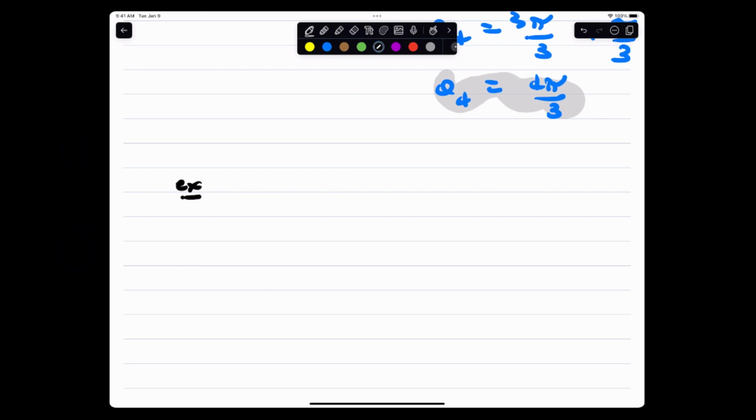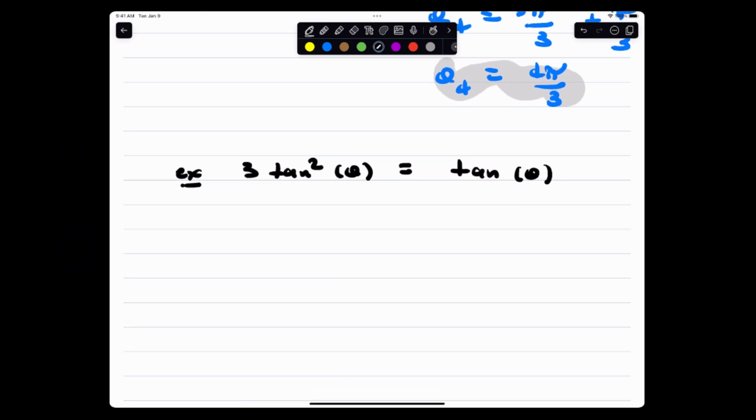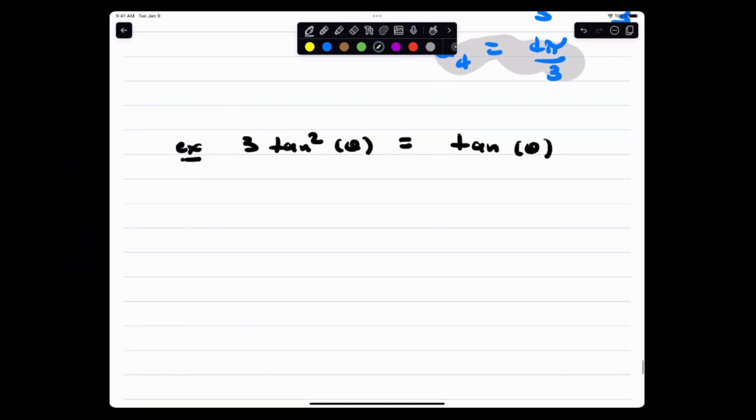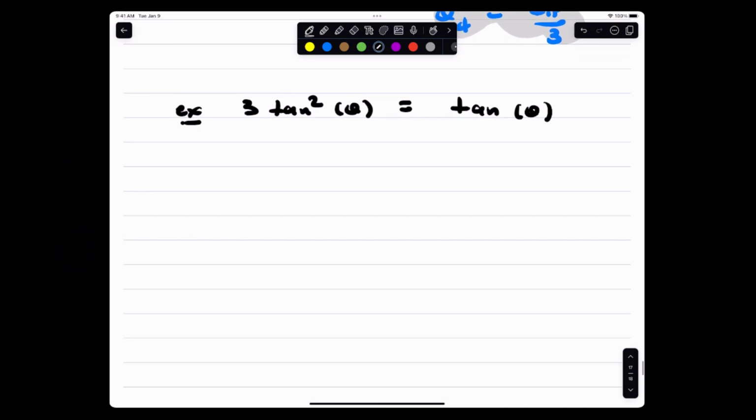They have something like this: three tangent squared is tangent. And then you might say, well, what kind of algebra are they going to do here? So there's a lot of ways you can try to show people something like this.